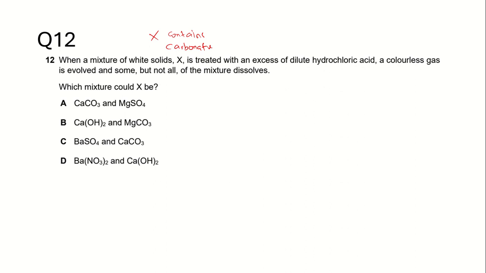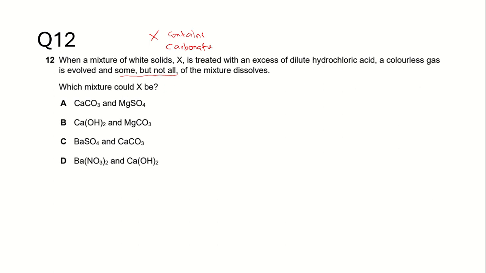A mixture, so one of the solids must be a carbonate. That's why it can react with acid to form carbon dioxide gas. And the next part of the question says some but not all of the mixture dissolves. So that means we must still have some solid remaining undissolved in the mixture after treated with acid.